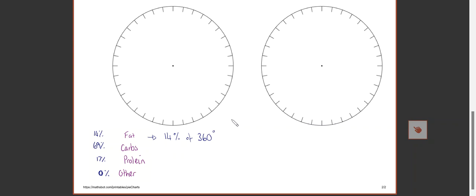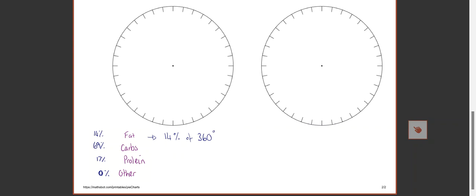What did you do? 360 divided. But why does that work? If you divide 100% by 14%, it'll give you the exact number. Something like that.